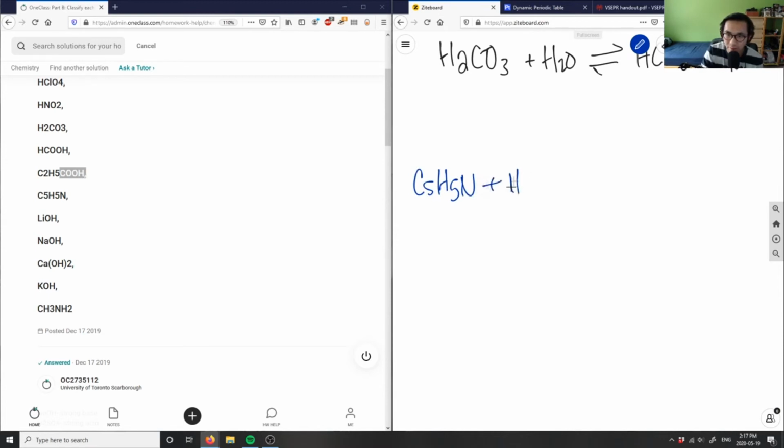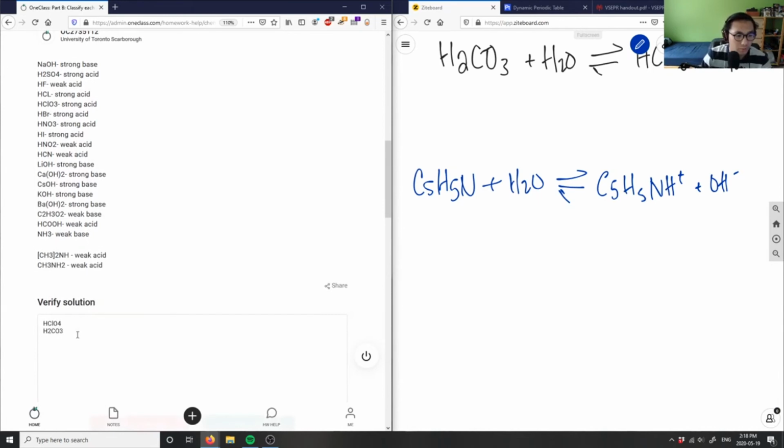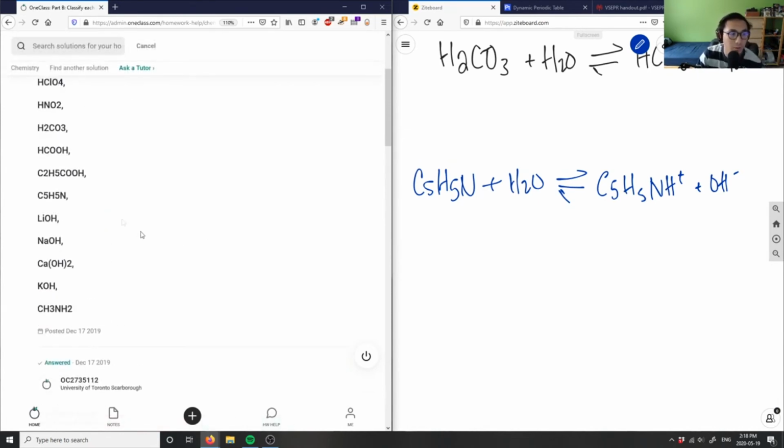I add that with H2O, and I'm going to get C5H5NH plus OH minus, and this represents a weak base. I don't think they wrote that here as well, so I'm going to add C5H5N here as well.